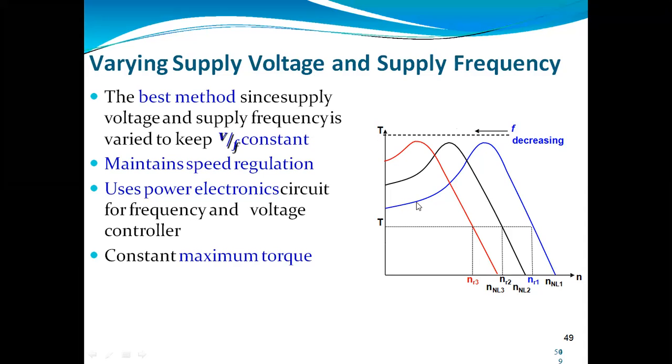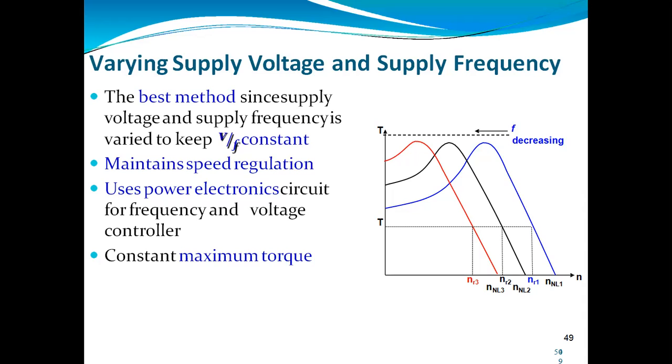Here we are supposed to see the relation of speed with the supply voltage and supply frequency. The best method to study speed control of the three-phase induction motor is when we vary the supply voltage and supply frequency, keeping V by F constant. So we get speed regulation.